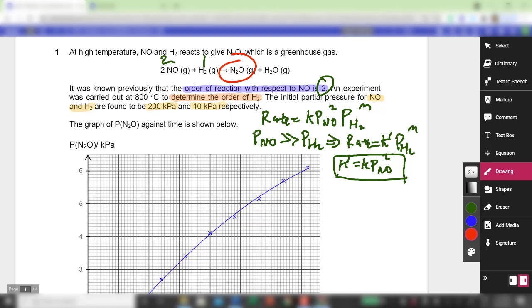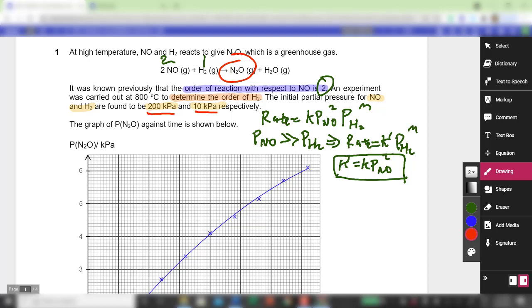It's important to determine that, because if you don't, then you cannot solve the problem. If you're sharp enough, you realize that it's actually 10 kilopascal in terms of partial pressure. The reason being, we started off with 200 kPa of NO and 10 kPa of H2.